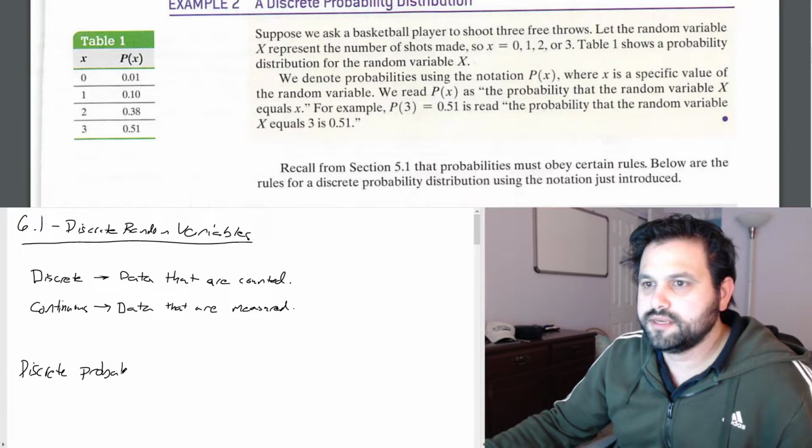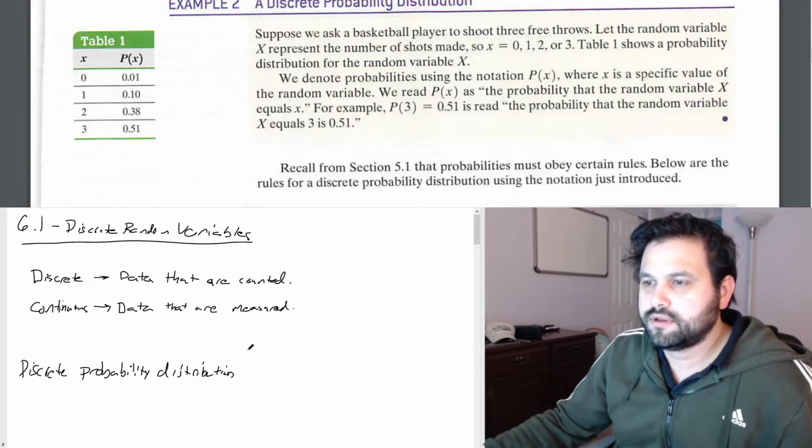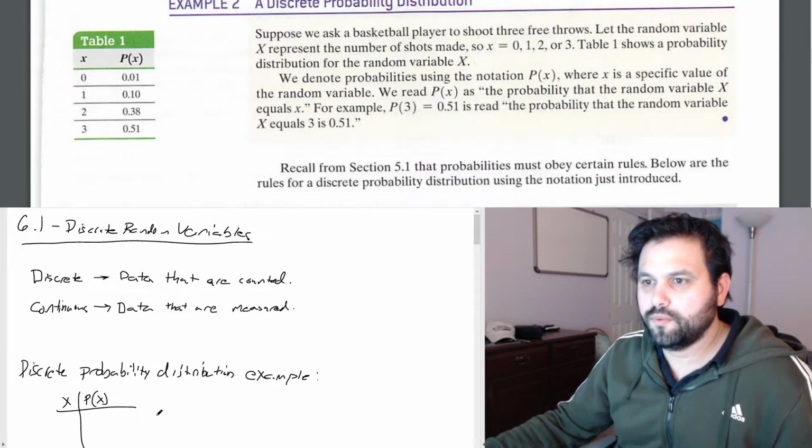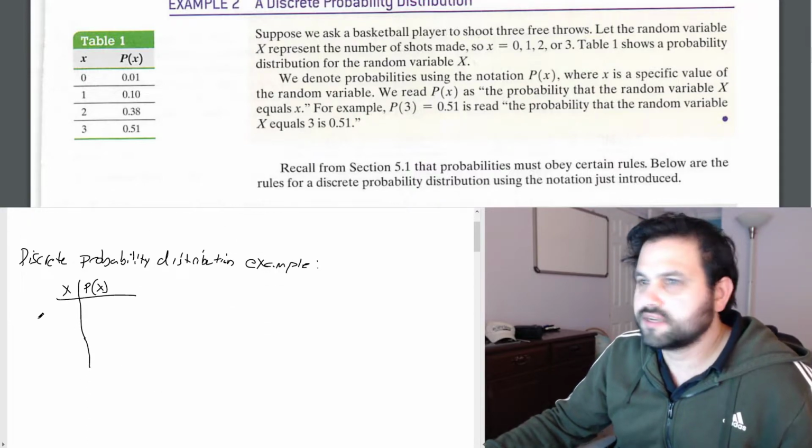Discrete probability distribution. Example. So we have our x and our probability of x. And so what values can x take on?